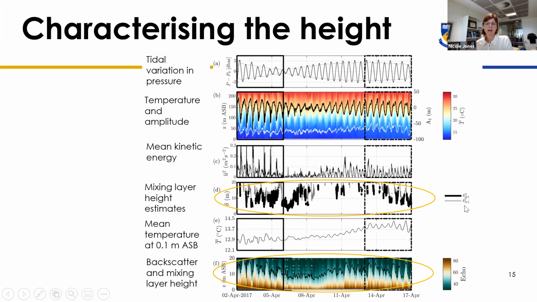The second line, the grey line, is showing you an estimate where we're just looking for a difference in temperature from the near bottom measurement, the one taken closest to the bottom, and the height at which a certain temperature deviation is achieved. So there are two different measures of a gradient of temperature in order to characterize the height of that bottom mixing layer. You can see that there's a lot of variation of both of these different ways of characterizing that mixing layer height over our 2-week record.